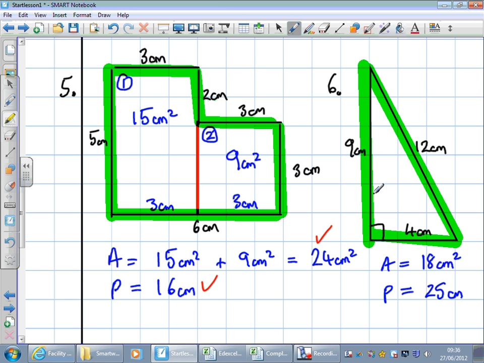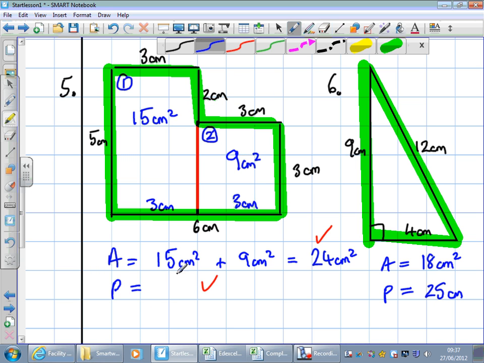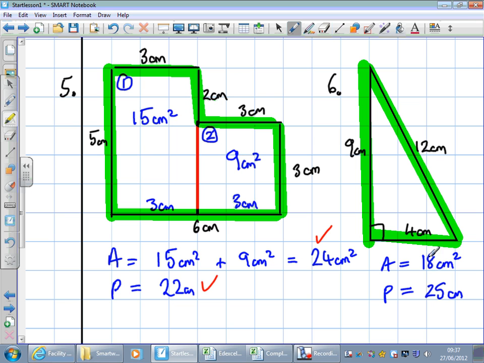Say again? Let's check. 8, 10, 13, 16, 22. 22 the perimeter. My mistake. And let's double check here. 21, 25. Perimeter's 25 centimeters. Area 18. Who got the last two right?